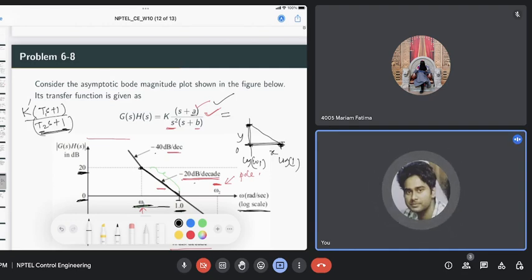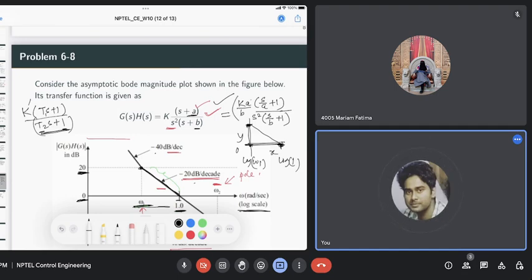We'll just divide by a in the numerator and by b in the denominator. So we will have s by a plus 1, and s squared times s by b plus 1. Here it is s plus a, so to cancel it we need a, and b, right?